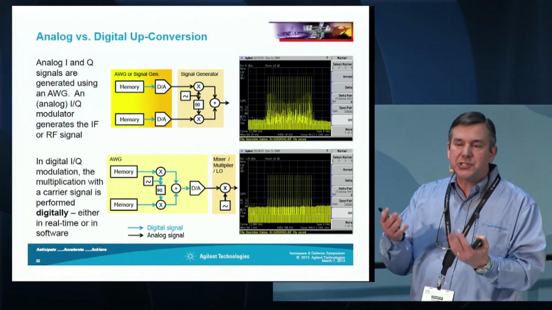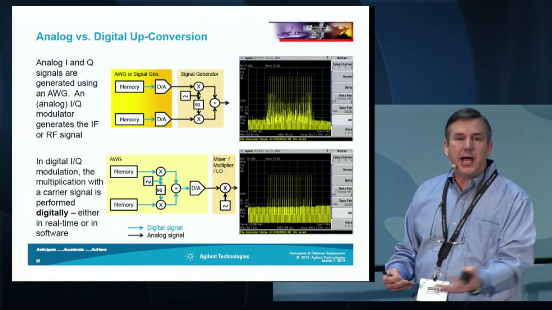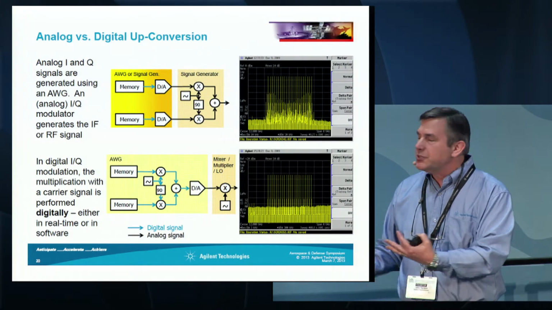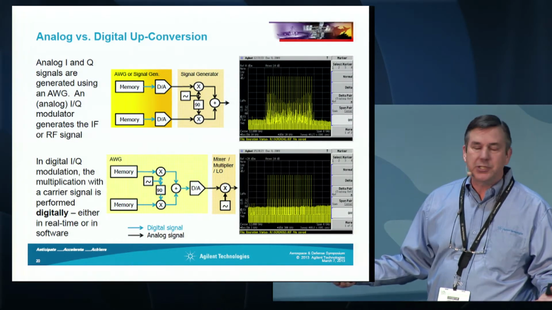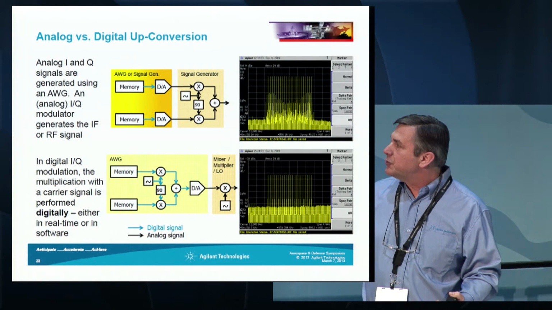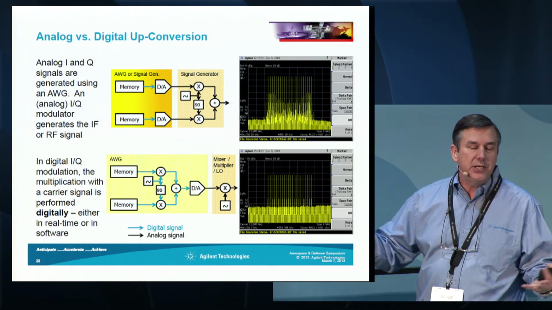Instead of a two-channel arbitrary waveform generator with I and Q, you have one channel that has the IF signal coming out of it. So it's basically doing the IQ modulation in software stored within your waveform file. Simple as that, but that's not often convenient.